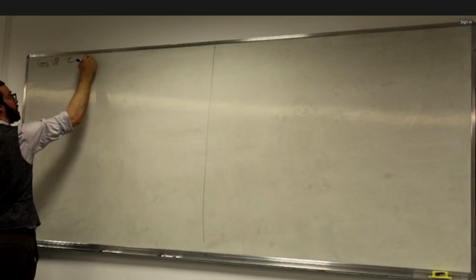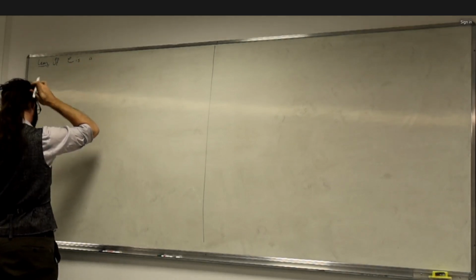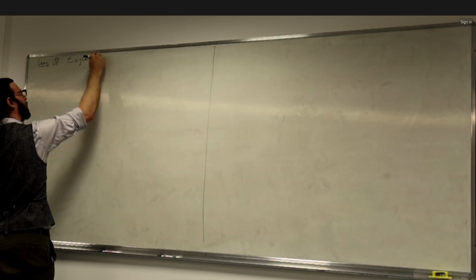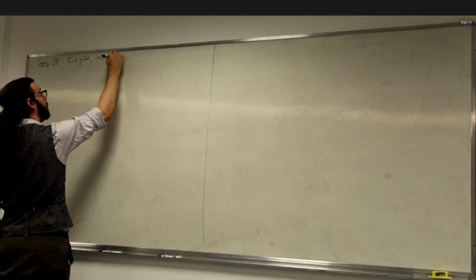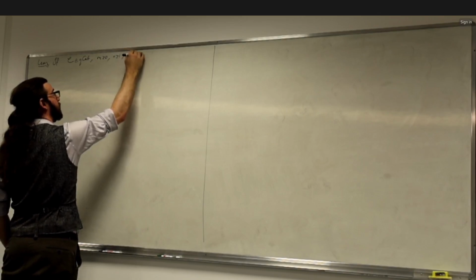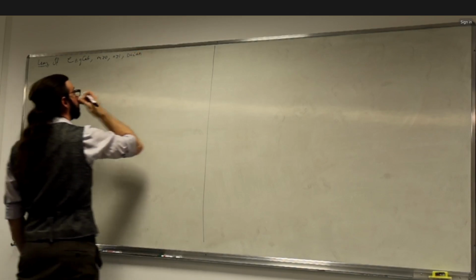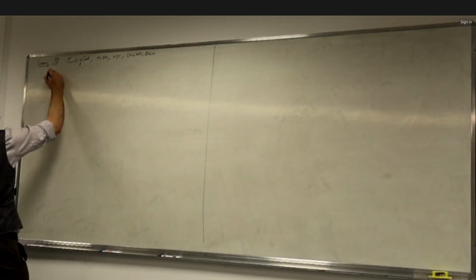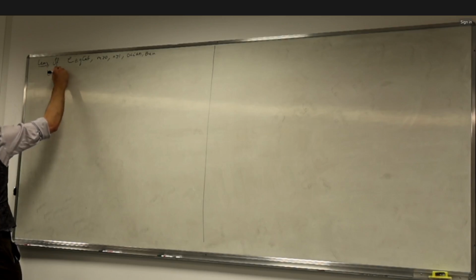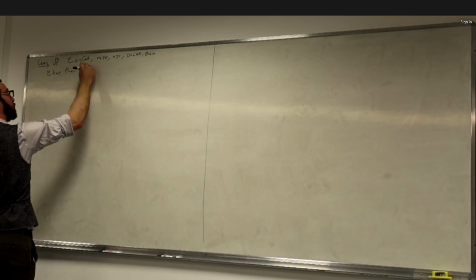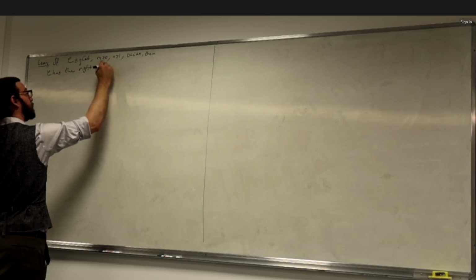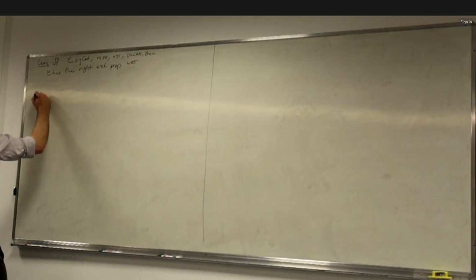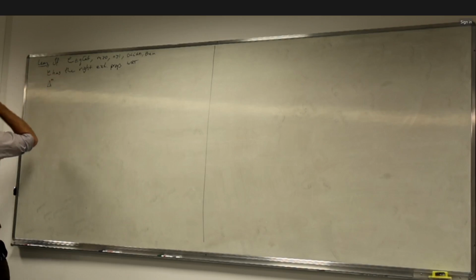If C is, let's say C is a quasi-category, M is bigger than or equal to 0, N is bigger than or equal to 1, and 0 less than I less than or equal to N, then C has the right extension property with respect to the push-out product, do I have this in the right order?